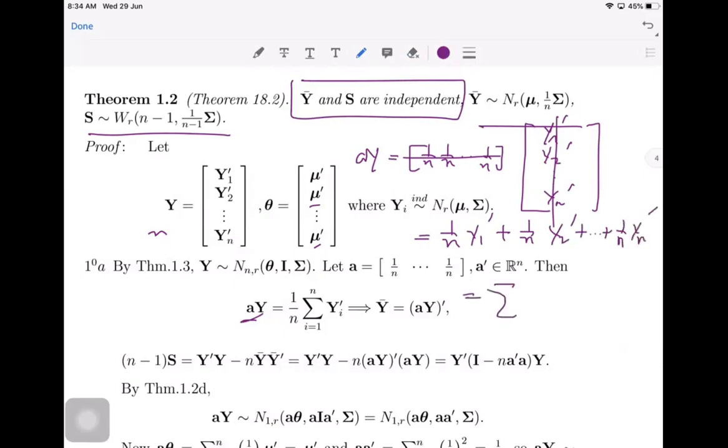So you will have the summation of 1 over n y_i prime. Okay? So it means that your y bar will be a vector of the form a y, quantity prime.